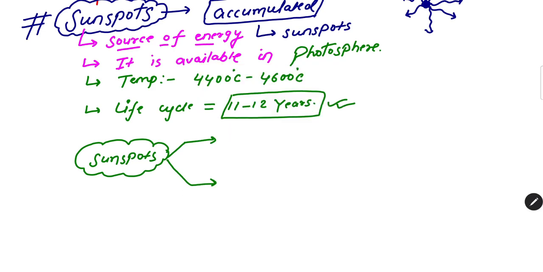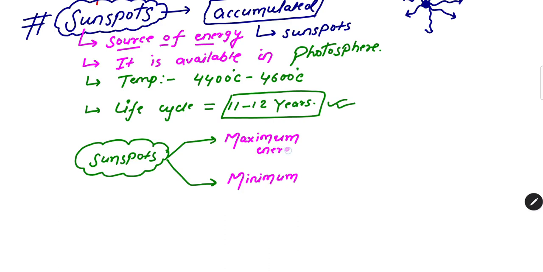But somewhere there can be a maximum energy, because there is accumulation, and somewhere there may be a minimum energy. Maximum and minimum energy may be there.